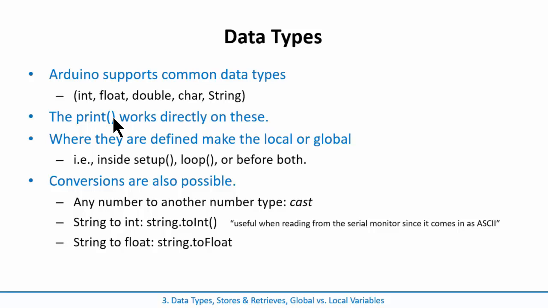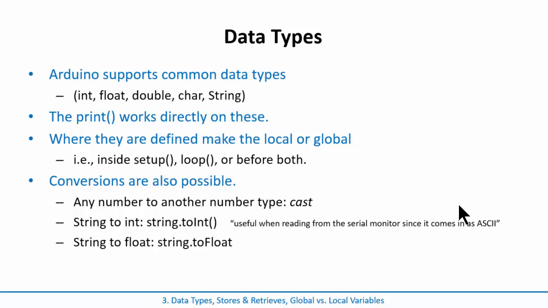And then additionally, conversions are also possible. There's what they call casting when you change something from a float to an integer, or vice versa, and there are functions for that. There are also ways to convert strings to integers and strings to floats. This becomes super useful when you read information from the serial monitor. The serial monitor, if you remember, is always sending ASCII codes. So if you type the letter A, it's going to come up as some ASCII code.